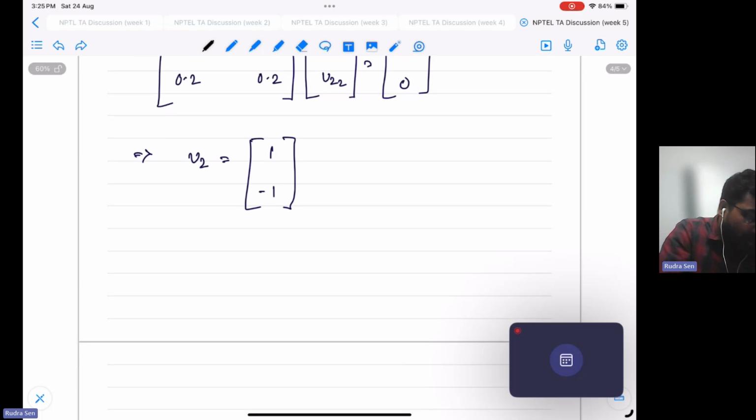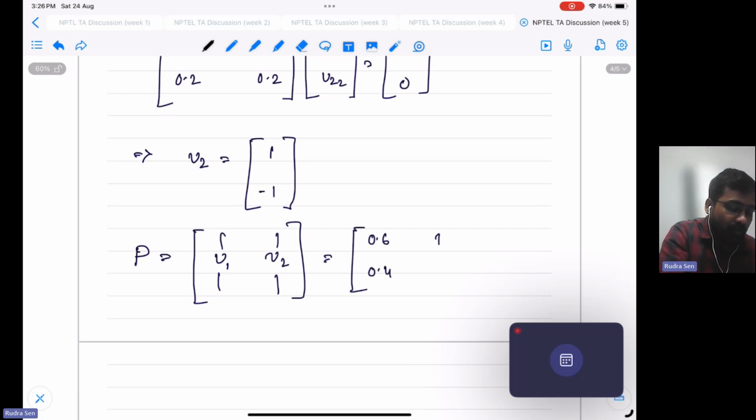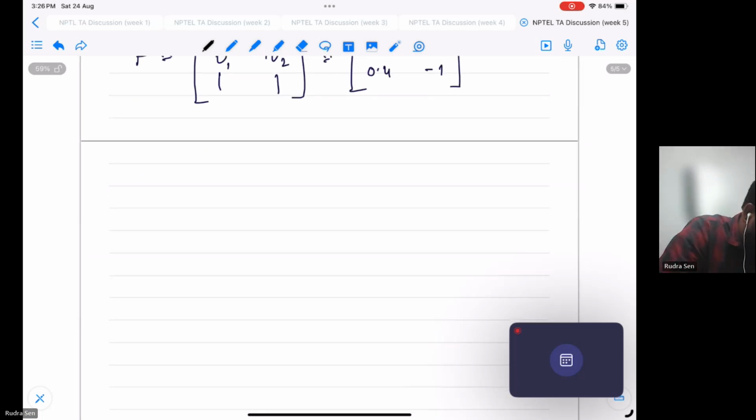Now we can construct the P matrix using this. We put the eigenvectors into the columns of matrix P. So we get 0.6, 0.4, and 1, minus 1. Now you are asked to find out A square.